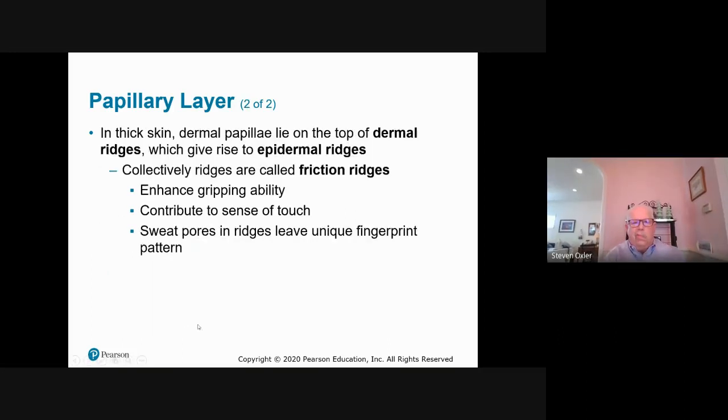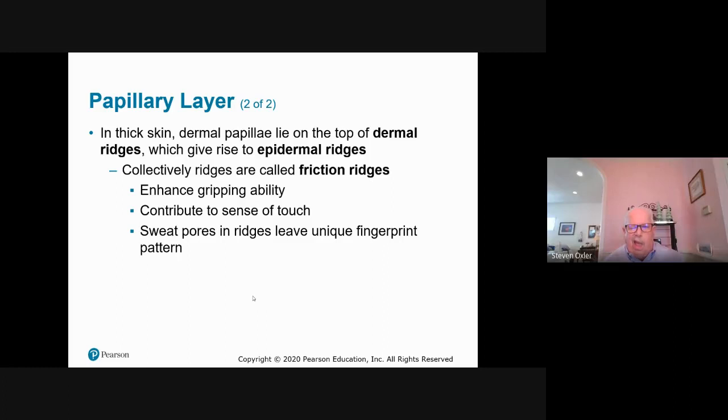In thick skin, the dermal papillae have ridges. And these ridges, together with the epidermis, form friction ridges.